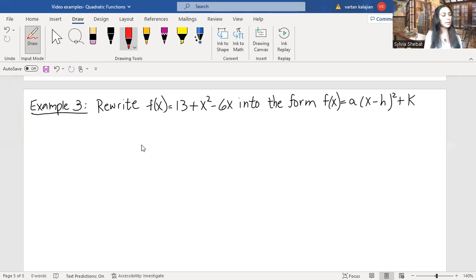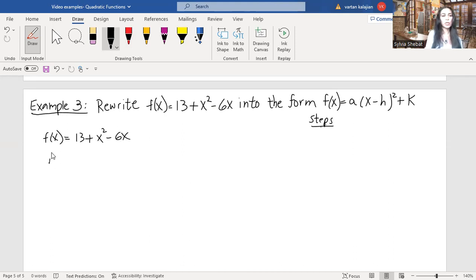So step 1 here, after I actually rewrite the function that's given to us: I don't like the order here. I want to reorder these terms to make it look like the typical general form of the quadratic function.